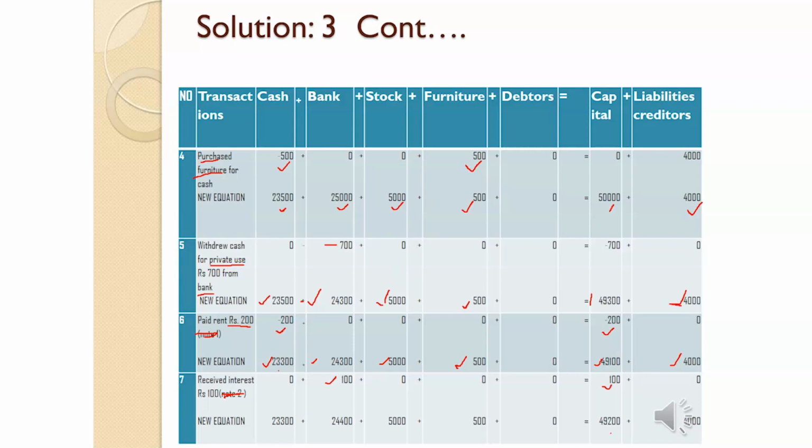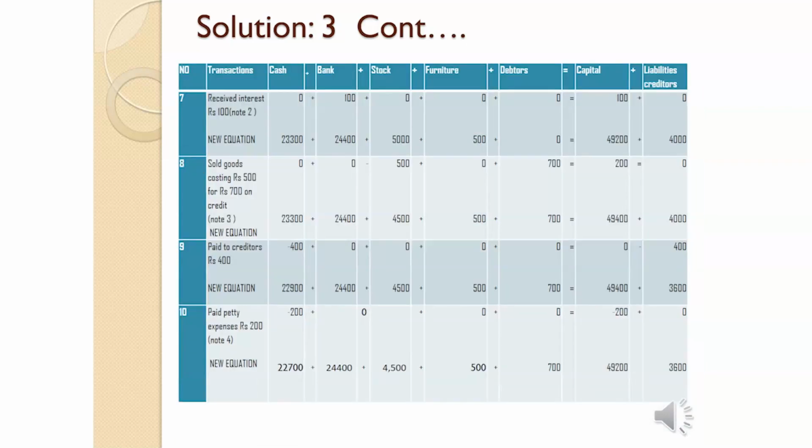Okay, next, here also is a continuation of the problem. Received interest rupees 400. The received interest is income for us. So automatically the bank balance will be increased, and capital is also increased.